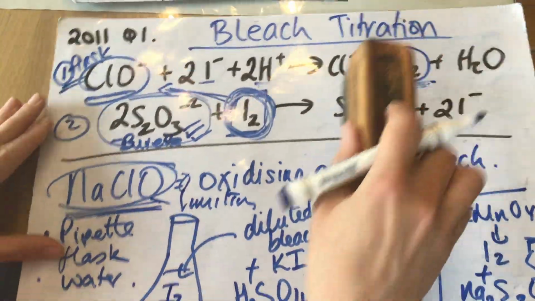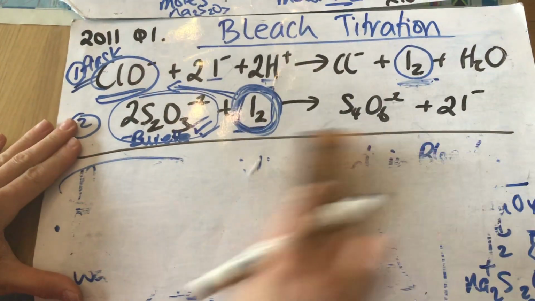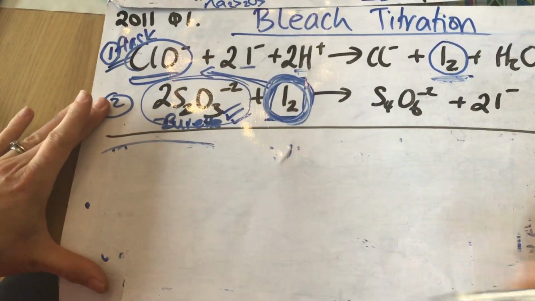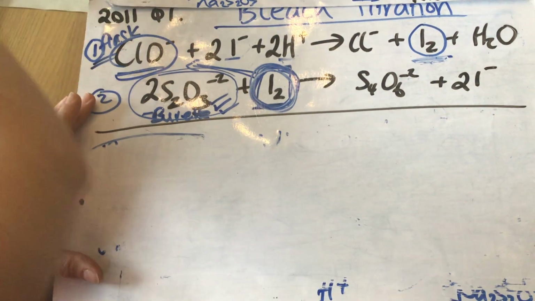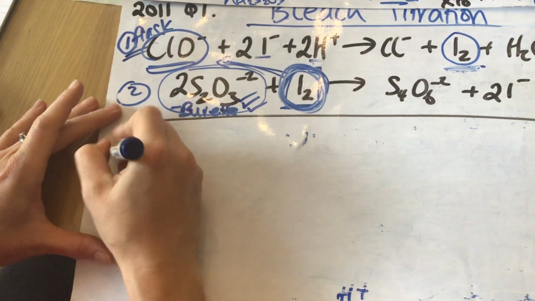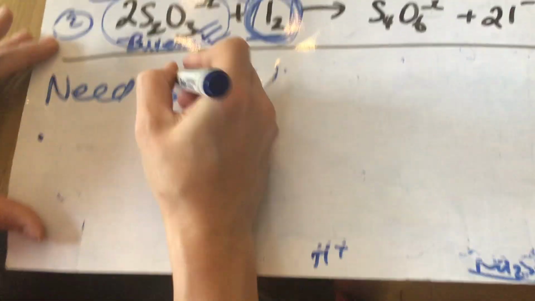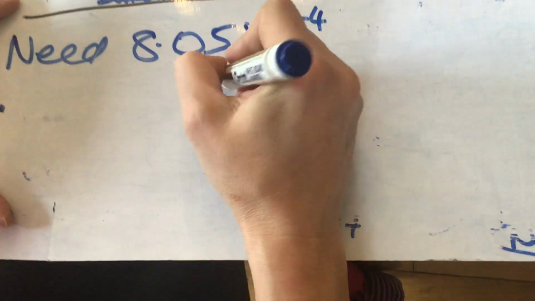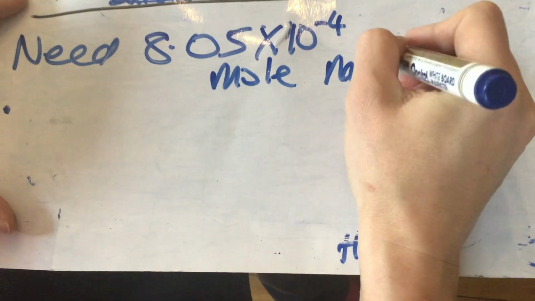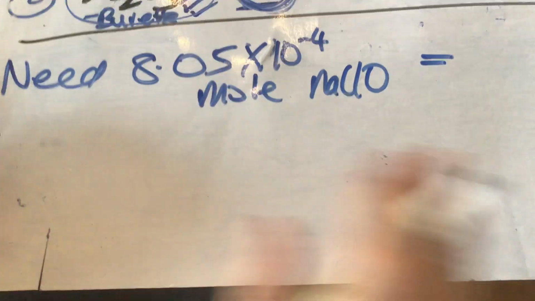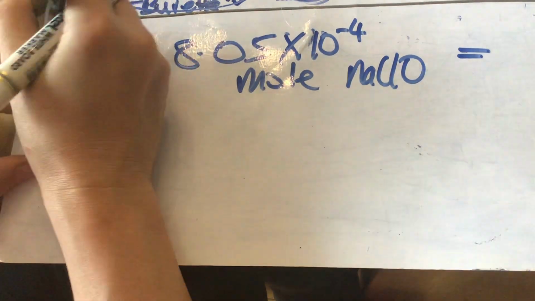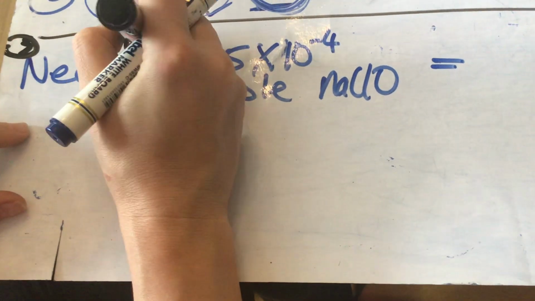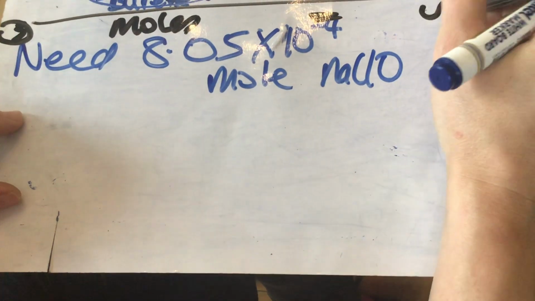Now, if I just go to this part of the board for 1 second. You now know that you need 8.05 by 10 to the minus 4 moles of sodium hypochlorite. But what volume? Remember, your third step is you're equating moles to volume.